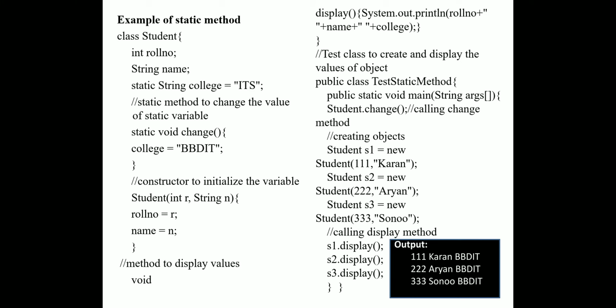Here is the example for the static method. First, we create the class with the data members int rollNumber, String name, static String college equal to ITS.